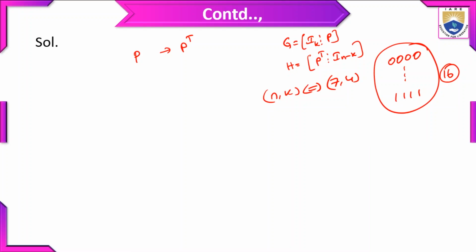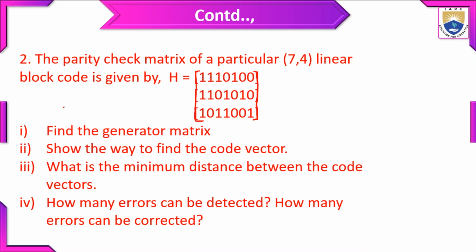But they are not given G directly. They are given H. From that H parity check matrix, we are going to generate G. So here once again we see the H matrix. So the H matrix is 1 1 1 0 1 0 0, again 1 1 0 1 0 1 0 and 1 0 1 1 0 0 1. Okay.